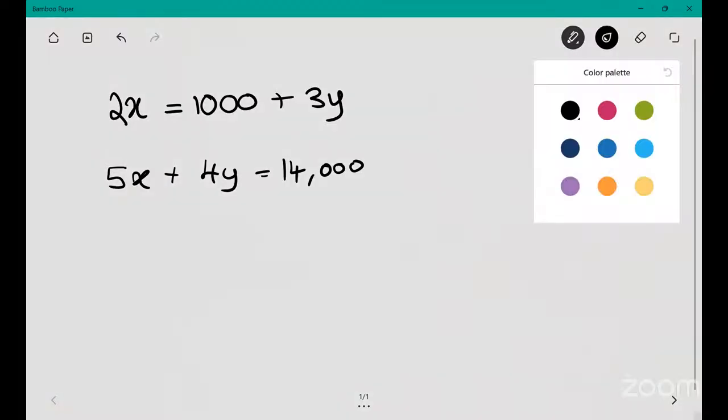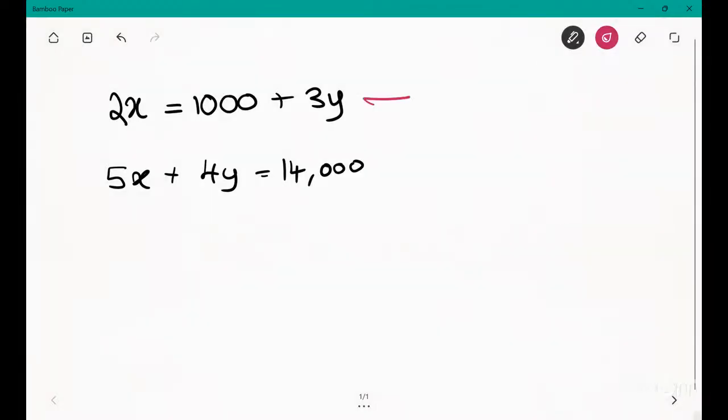But remember, in simultaneous equations, you have to always subject your numbers into one side. So this equation, I will have to change it and bring all the unknown terms to one side and keep the number on one side. So for that, I can take this 3y and bring it to the other side.